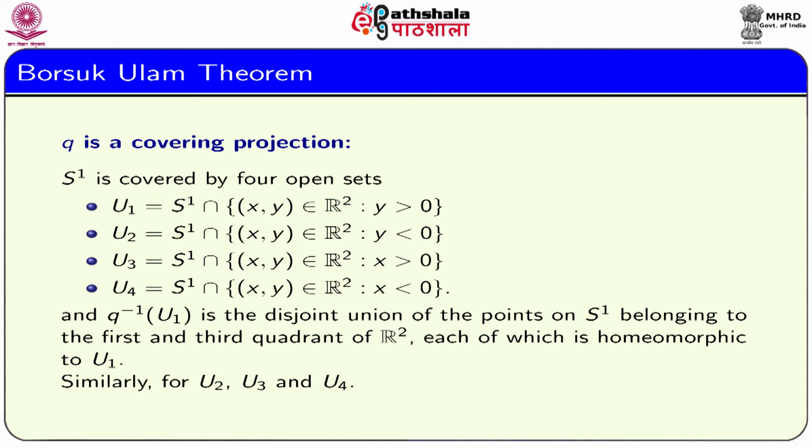We can see that Q inverse U1 is the disjoint union of the points on S1 belonging to the first and the third quadrant of R2, each of which is homeomorphic to U1. And similar thing happens for U2, U3 and U4.